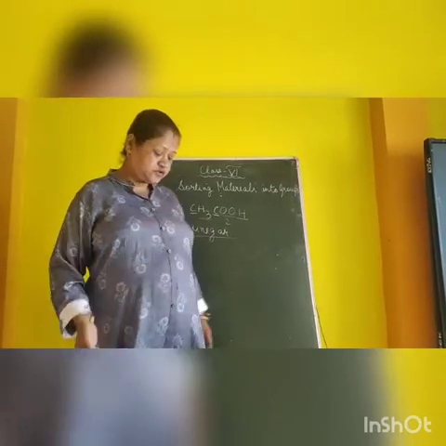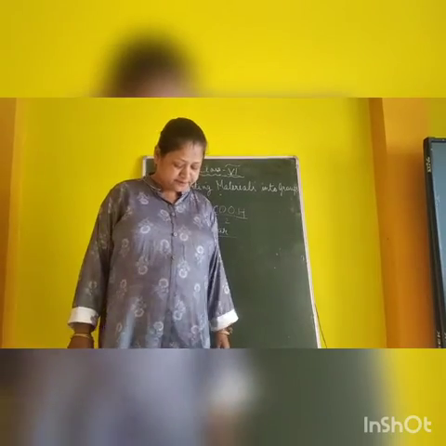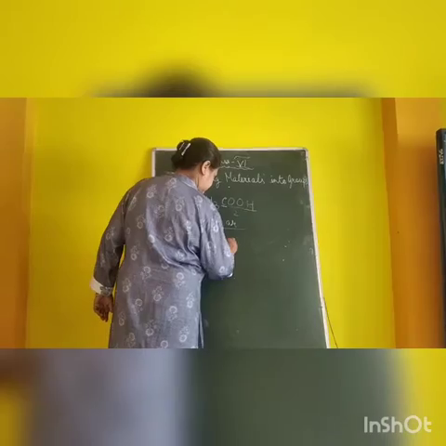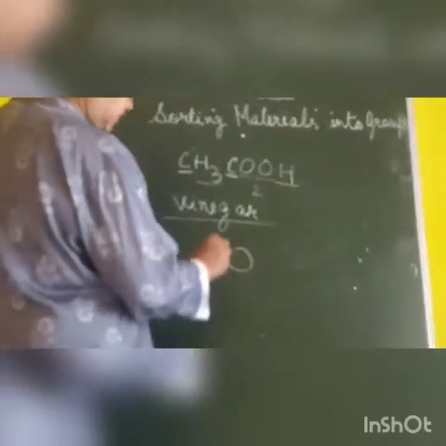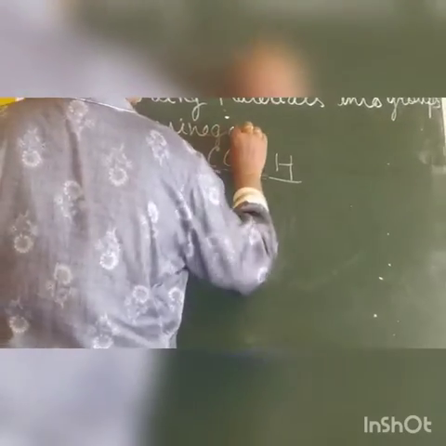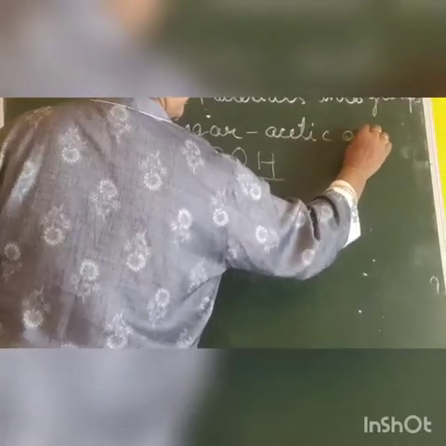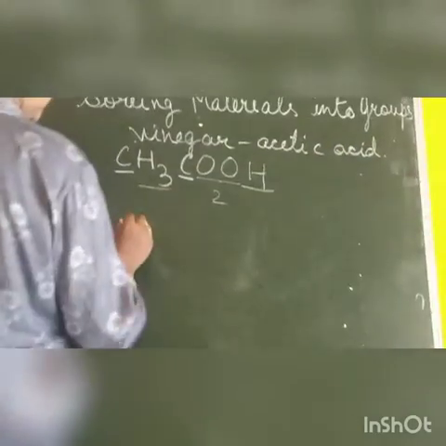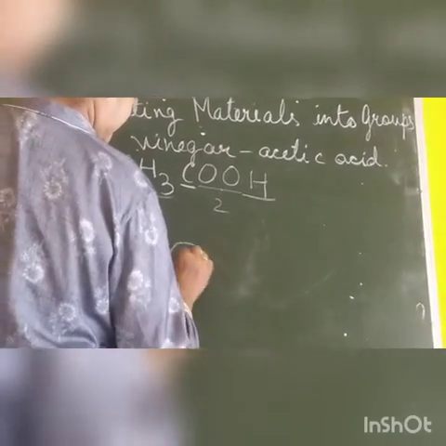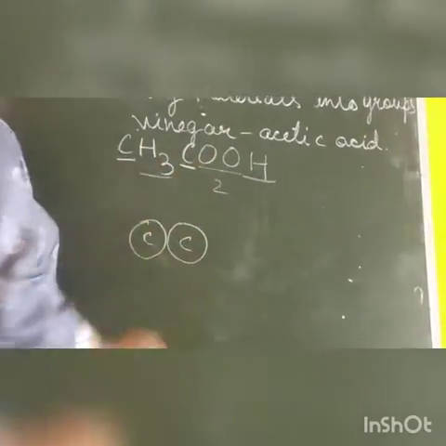So here, if you refer to the figure, you will find the carbon atoms. This is vinegar, and it is also known as acetic acid. Right, so here this is carbon and this is carbon, that means there are 2 carbon atoms.